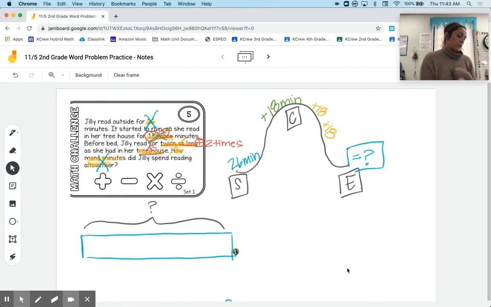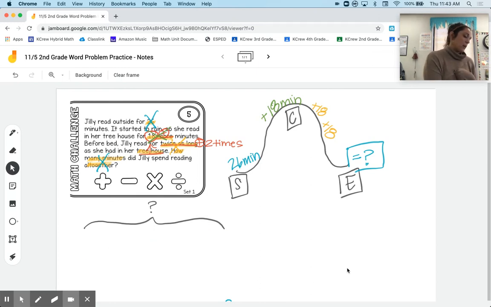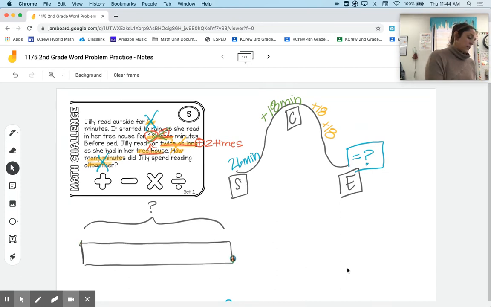So I'm going to draw my parts down here. My first part is going to be 26 minutes. And then the next one is in the treehouse, which was 18. And then I have before bed, which was twice as long as the treehouse. So I'm going to add 18 2 more times in order to get my total.